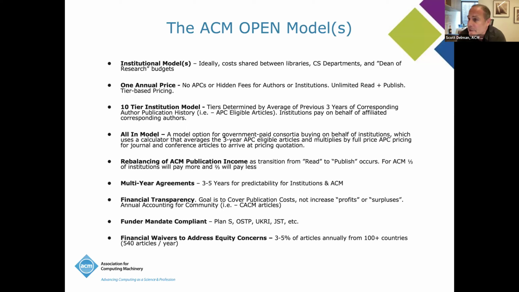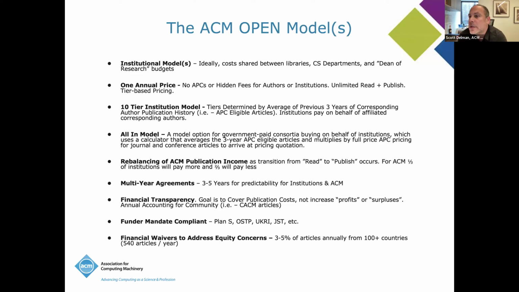And then a few years after we launched the model, we started to realize, and in talking to institutions, quite literally thousands of institutions, that we needed to create another add-on model to that tier-based model, which is called the all-in model. And essentially, that's for library consortia, which is how the digital library has typically been sold, that are funded by governments.